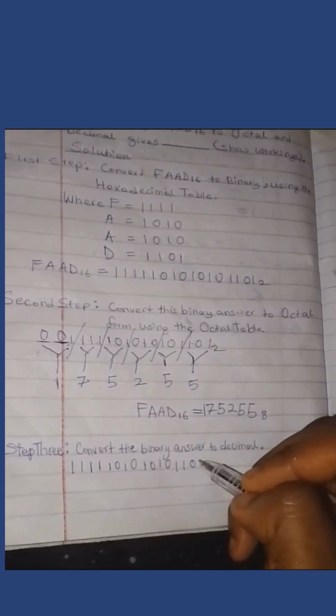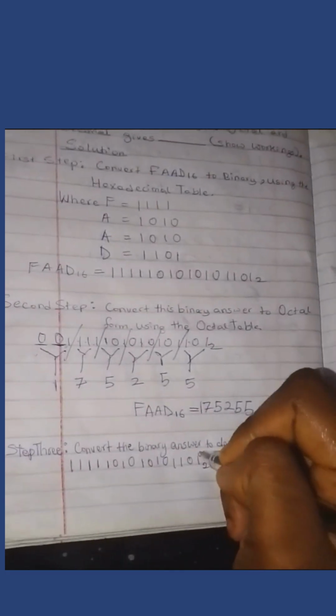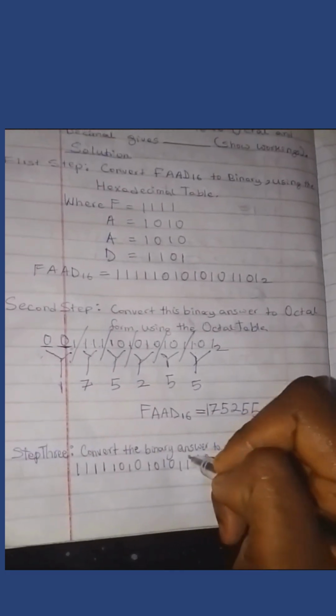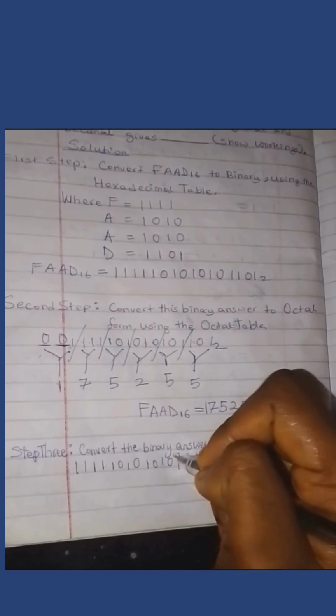So we're going to write the raised power 0 1 2 3 4 5 6 7 8 9 10 11 12 13 14 15.